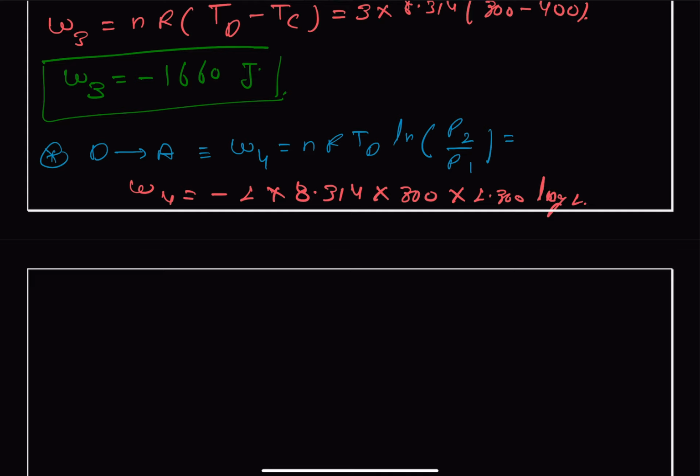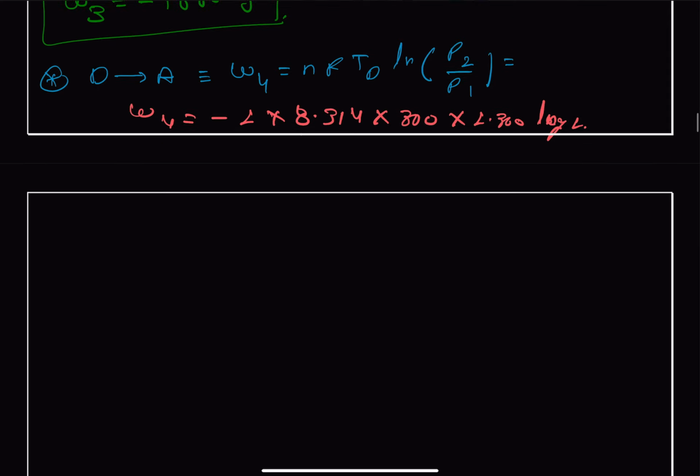Otherwise it will be 1 by 2, so 1 by 2 we have taken as minus, so this comes as 2. Now it's correct. So we have W4 will be equal to minus 3452.2 joules.